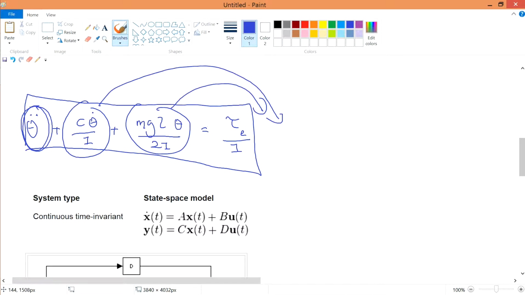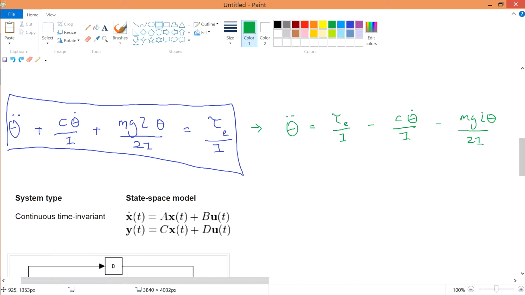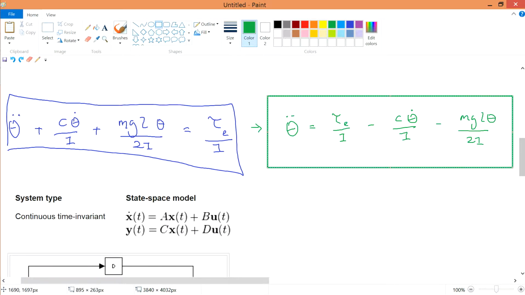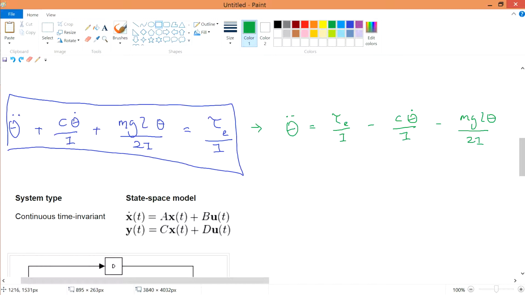So theta double dot is equal to this one minus this one. Just simply moving this over to this side. If I do that, I would have this one over here.